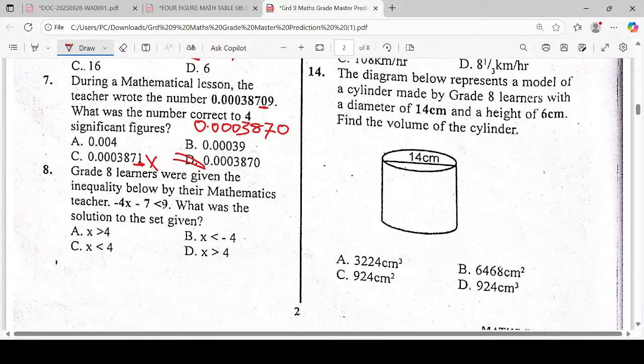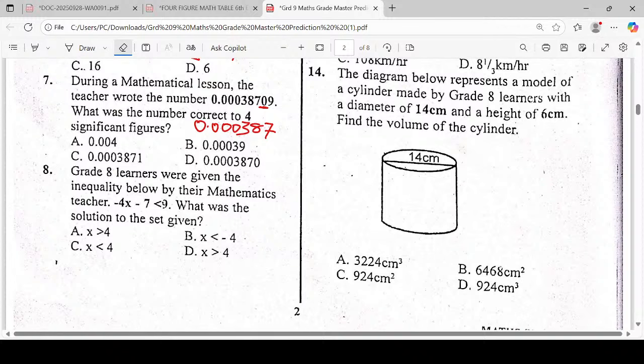Do we round off or we don't round off, learners? It's a point I want us all to agree on.